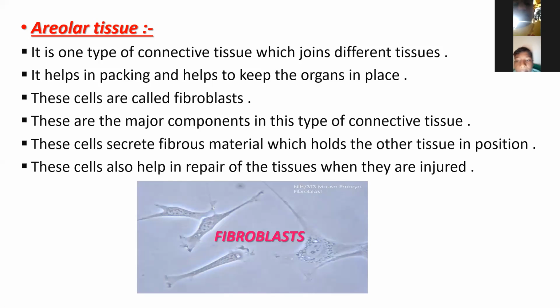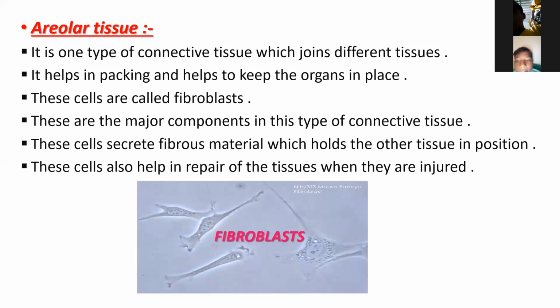The areolar tissue helps in packing and helps to keep the organs in particular places.